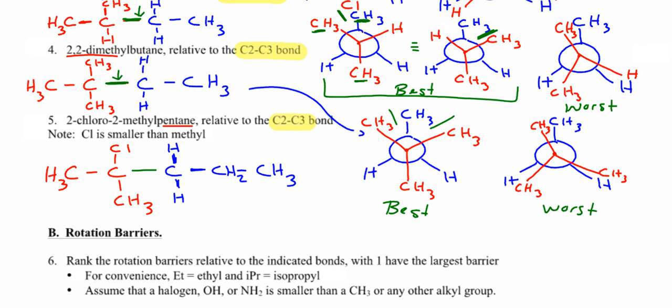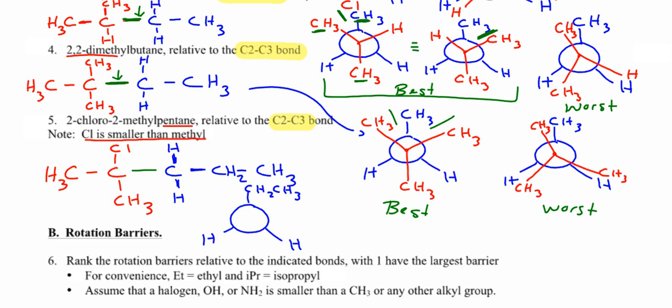So if I draw the blue, hopefully this will make some sense, is I have an H here, just like we had before, but now I have a C2H5. I have an ethyl group. That's all. I just have an ethyl group. All right. If I want to make this as the best I possibly can, then what I need is I need to at least place, check this out, Cl is smaller than methyl.